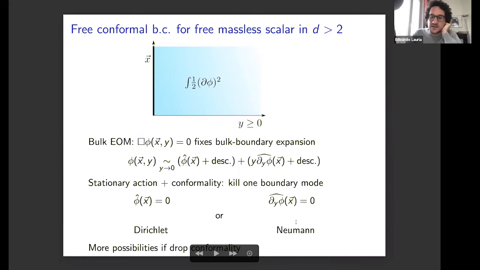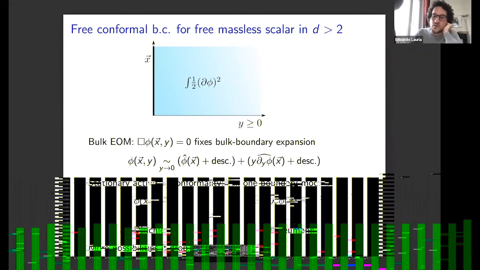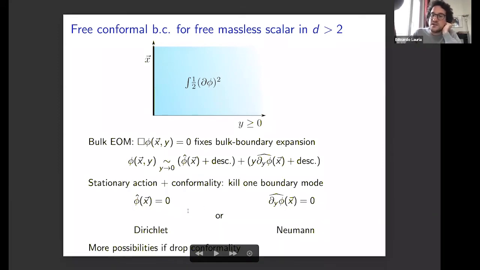And vice versa, the Neumann case is when you push phi to the boundary, phi hat is a dynamical field, and the normal derivative of phi hat is equal to 0. So if you drop conformality, there are more possibilities. You can take combinations of these choices. But if you require conformal boundary conditions, these are the only two possibilities: either Neumann or Dirichlet.